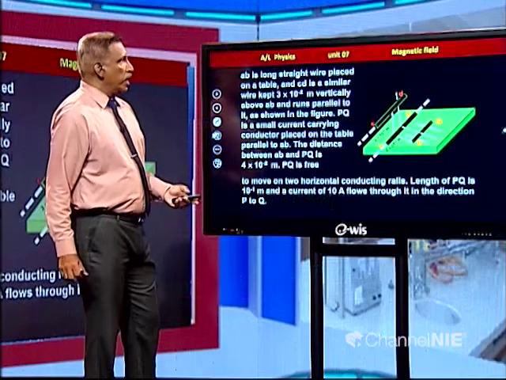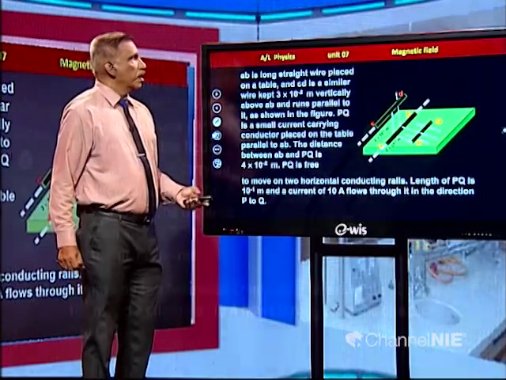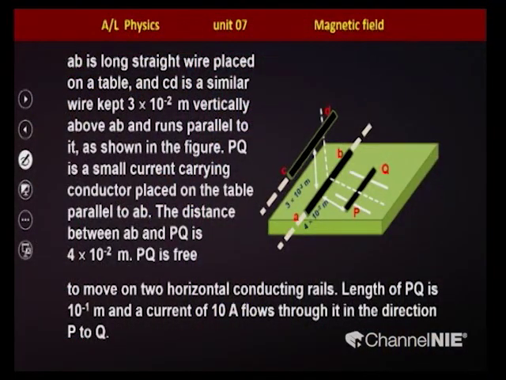Again, we go to another example. AB is a long straight wire placed on a table and CD is a similar wire kept 3 into 10 to the power minus 2 meter vertically above AB and runs parallel to it as shown in the figure. PQ is a small conducting current carrying conductor placed on the table parallel to AB.